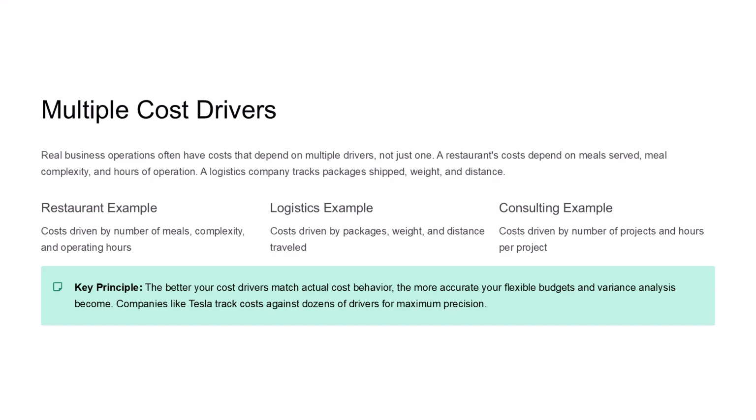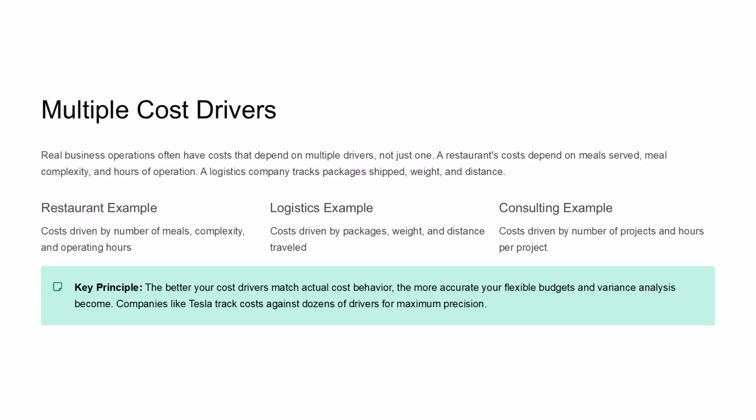Here's the deeper principle. The better your cost drivers match actual cost behavior, the more accurate your flexible budgets and variance analysis become. Companies like Tesla track costs against dozens of drivers: production volume, battery capacity installed, factory utilization rates, automation versus manual labor hours. They build sophisticated, flexible budgeting models that capture the complexity of their operations.